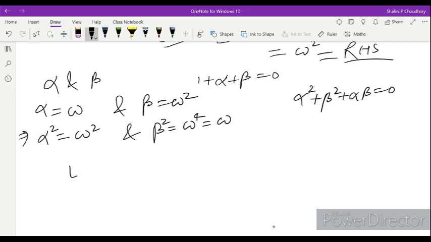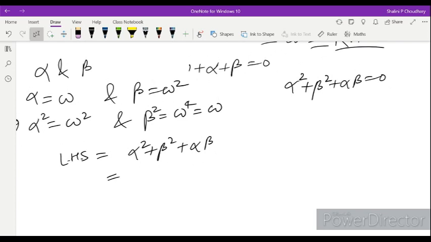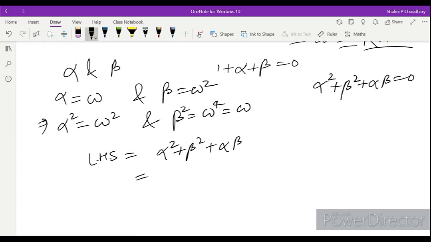So we'll take LHS first, and that is equal to alpha square plus beta square plus alpha beta. We'll put the value of alpha and beta here, what we have written here. So alpha square is equal to omega square, beta square is equal to omega, plus alpha beta.